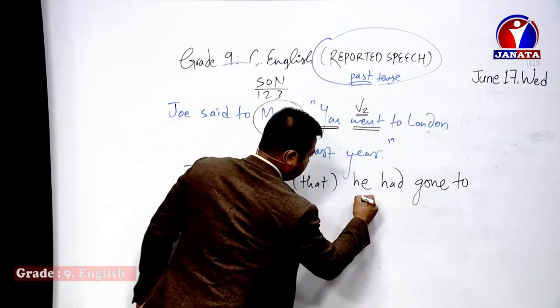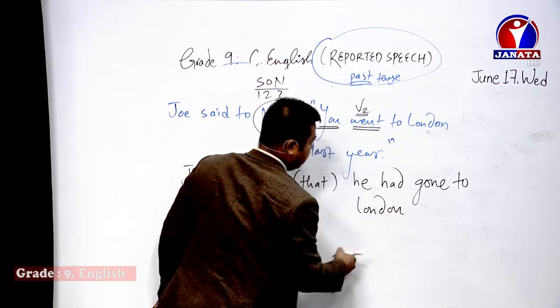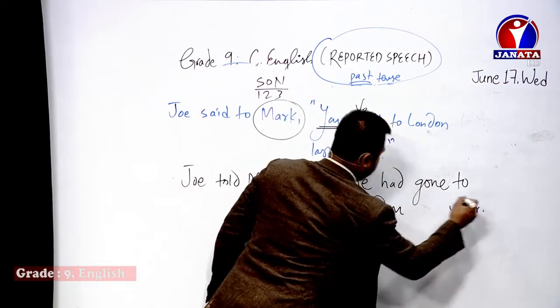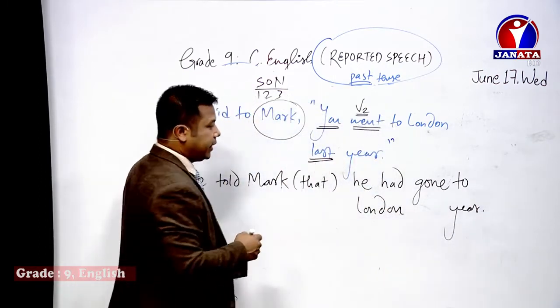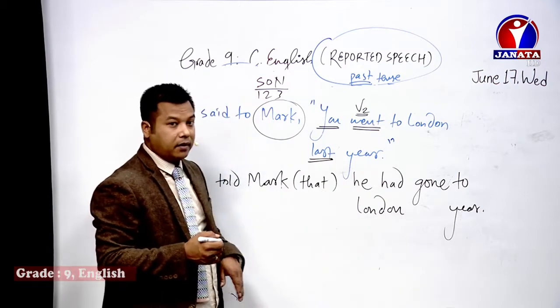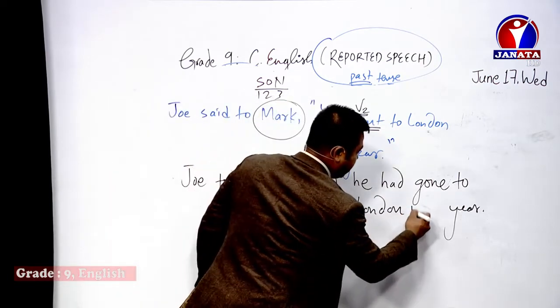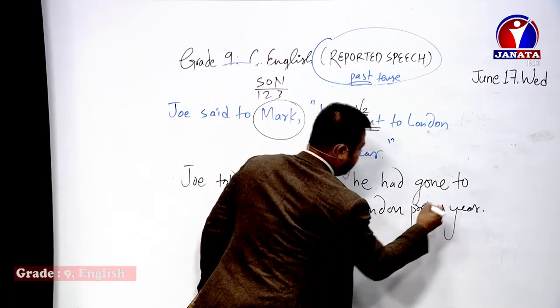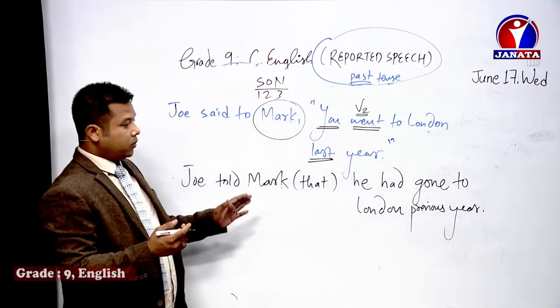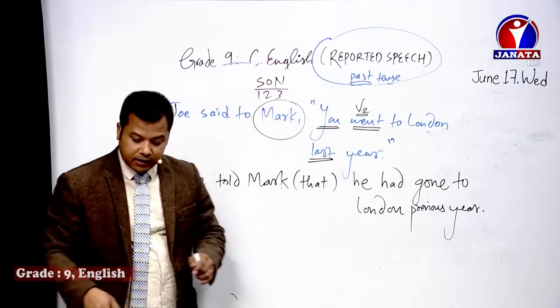But what do you need to do with last? Can you write, he had gone to London last year, or you prefer to write a little change on that, previous year. He had gone to London previous year. So that is how we solve.